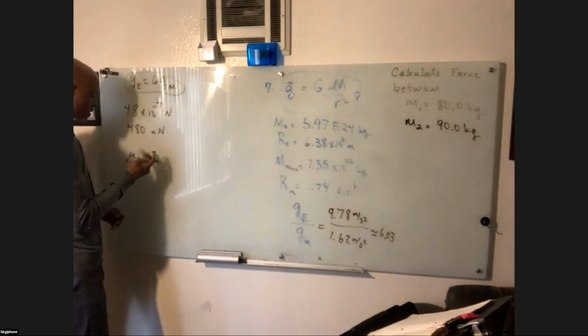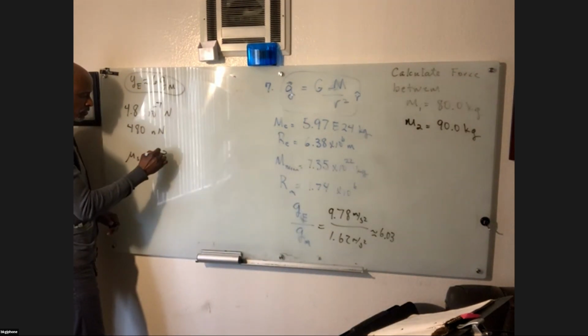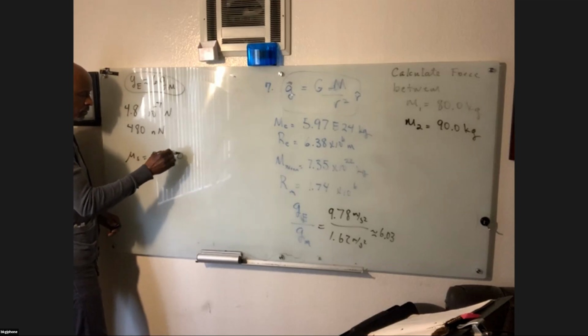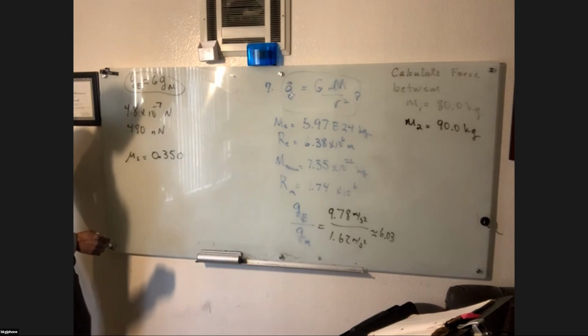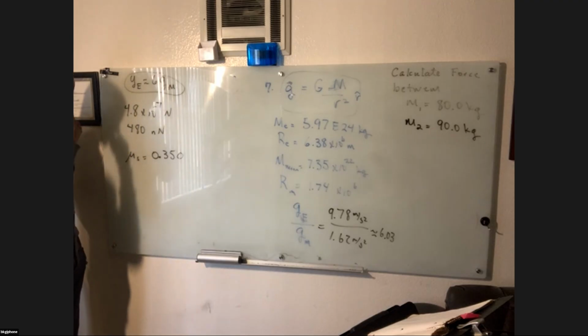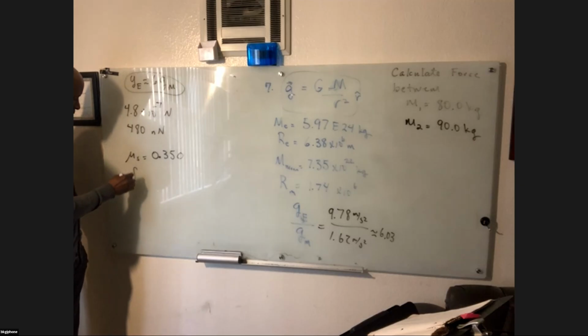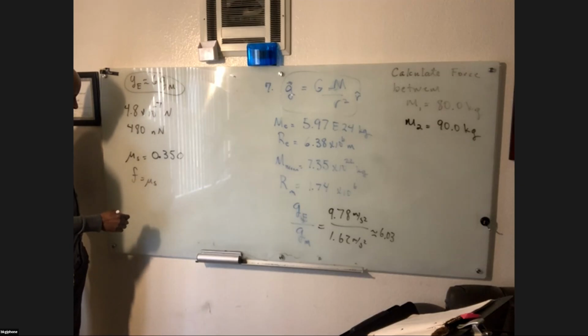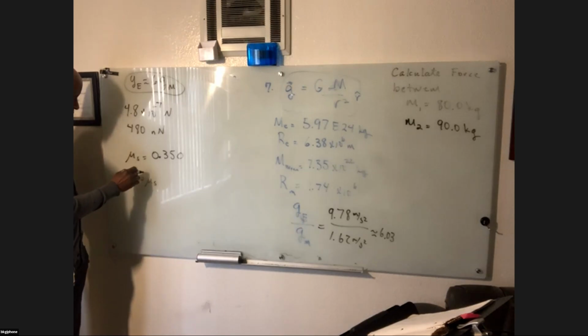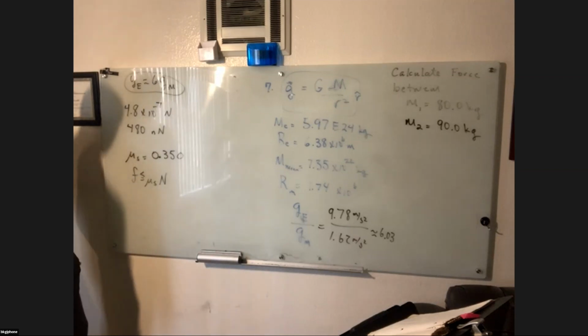Say mu s is 0.35, and the frictional force is less than or equal to mu s times the normal force.